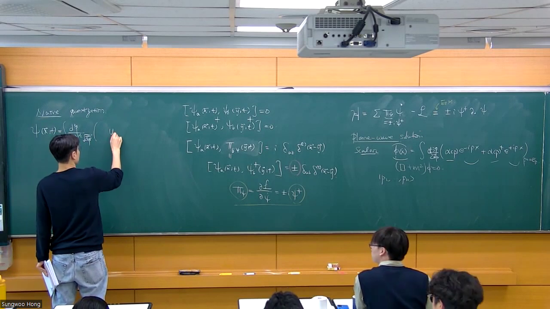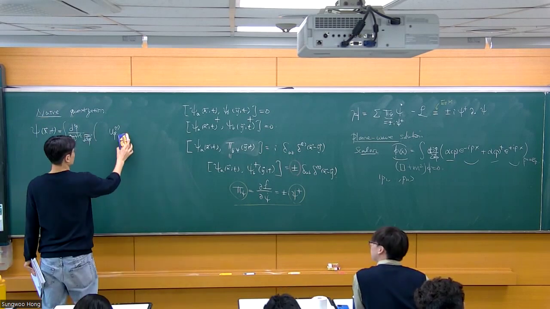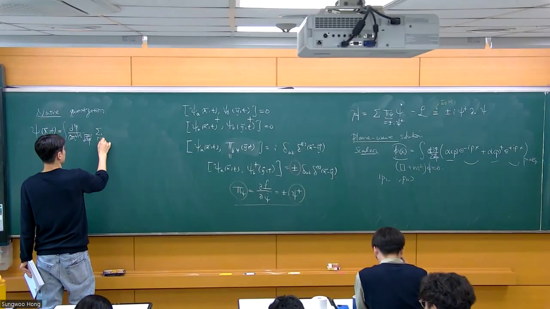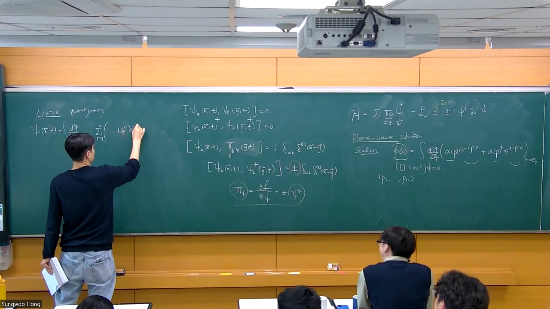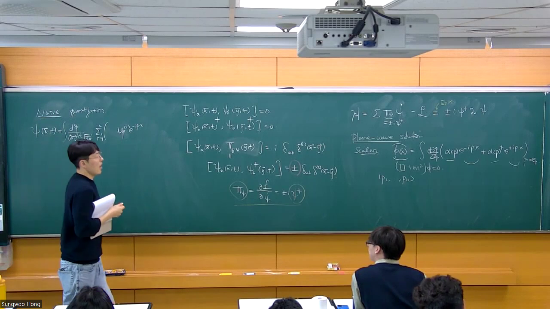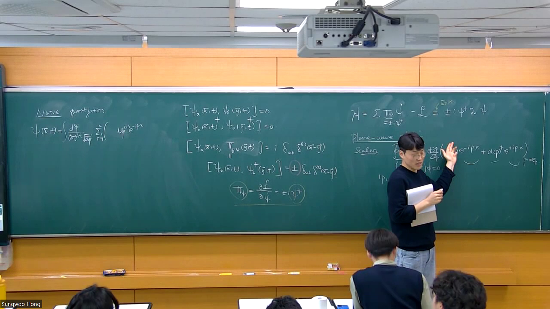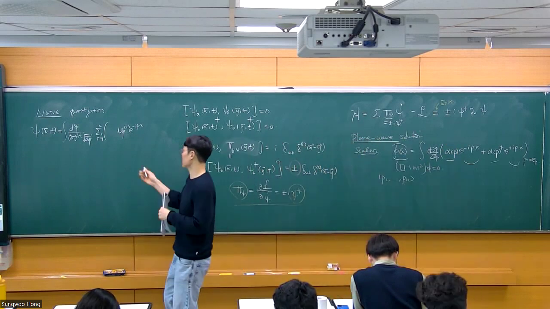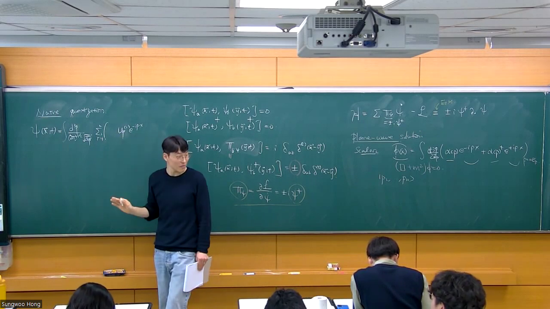One was u of p, r, with e to the minus i p x. Unlike the scalar case, where the plane wave solution was just that, a single degree of freedom, we're now talking about a fermionic representation, with a four-component object. So the plane wave solution already had this four-component column. Okay? So this is still part of the classical solution, if you like.